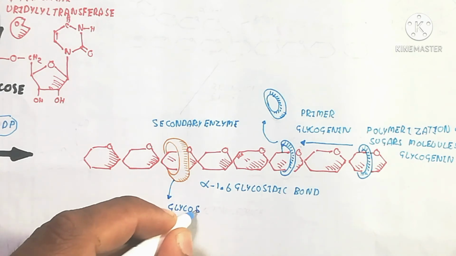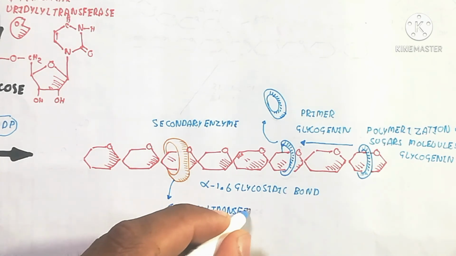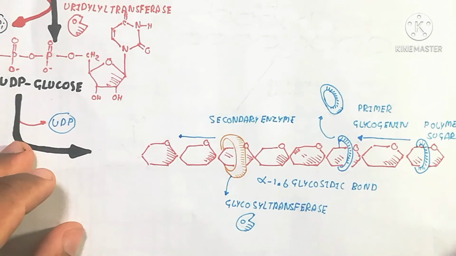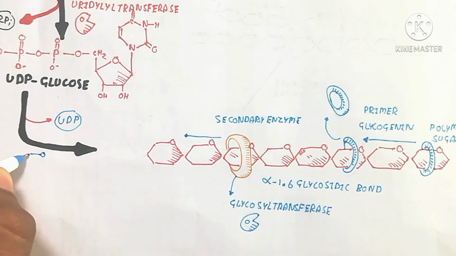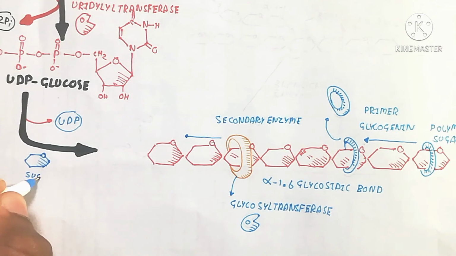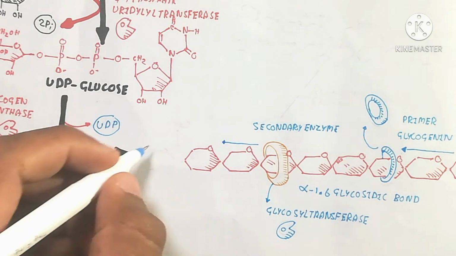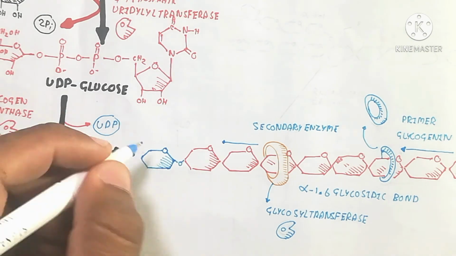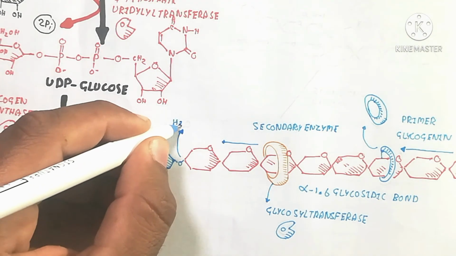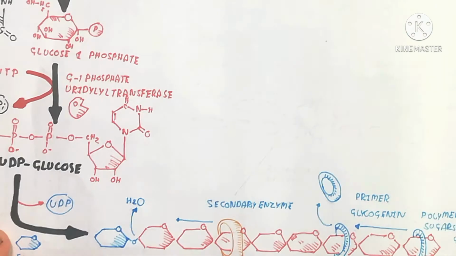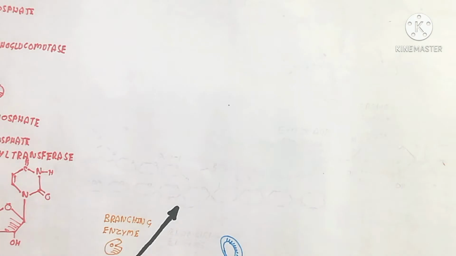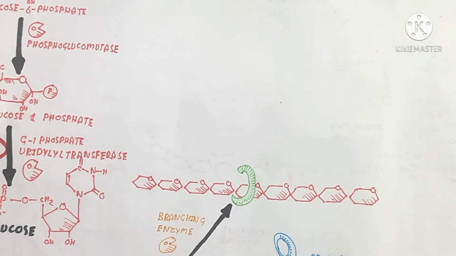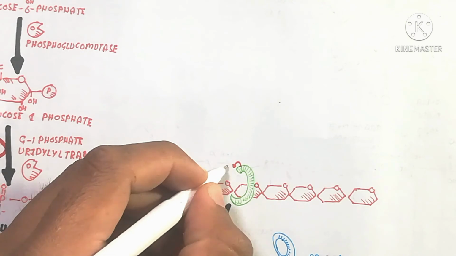So here is the second enzyme, used for further glycogenesis. Water will be released to make a glycosidic bond, which is known as dehydration. One by one the sugars are attached in the presence of the secondary enzyme, known as glycoside transferase.